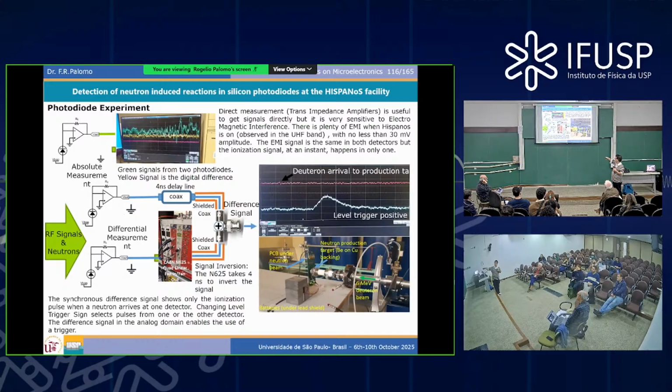It takes 4 nanoseconds in this particular kind, and we use a delay line in the other photodiode of 4 nanoseconds. And here, in that simple connector, we make the difference signal. Okay, just adding currents. And this is possible because if there is no signal, only noise, the noise will be exactly the same here as there. Okay, so when you make the difference between both, you get nothing.